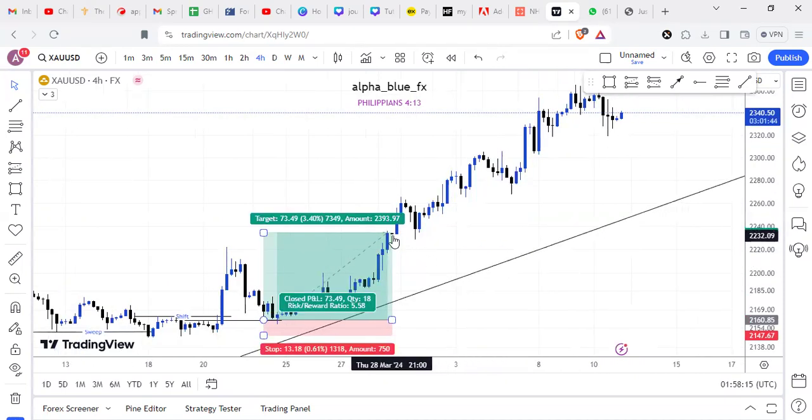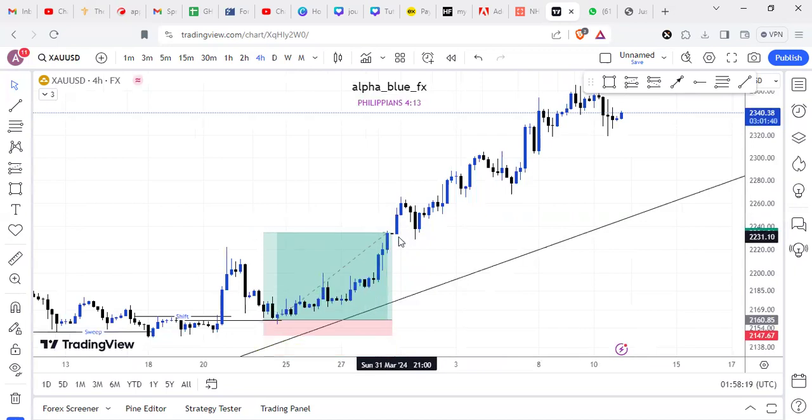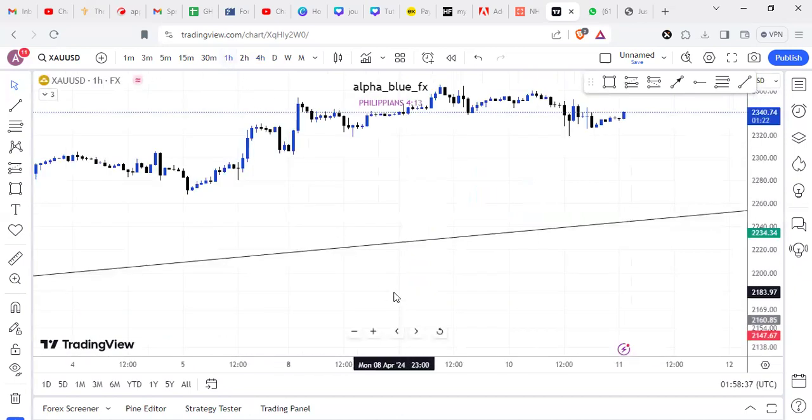Even though I know when we go down to the lower time frames, you are going to see a wick or some form of liquidity right here. So you see this wick here, it has come and taken out some liquidity. And after this liquidity sweep, we now have a strong bullish engulfing candle that has probably given us a shift in market structure.